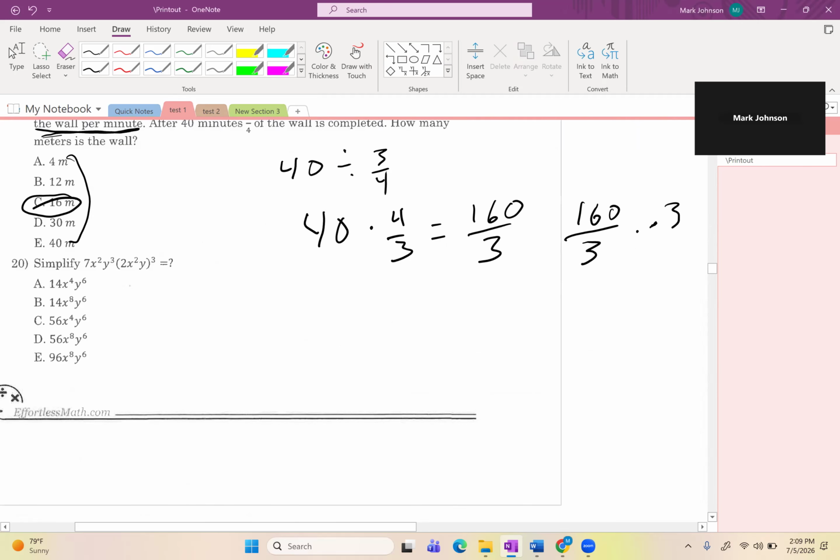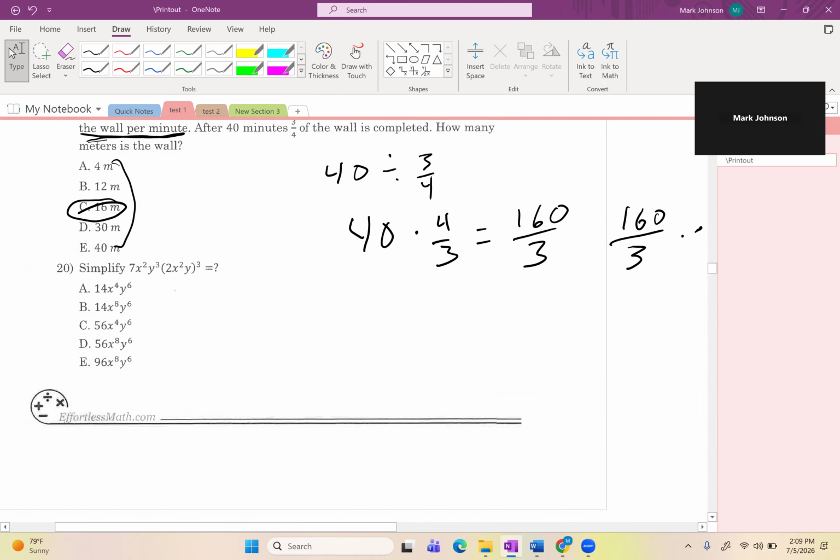Okay, the next one is simplify. So to simplify, we want to multiply the numbers. Oh, I did that wrong. First thing we've got to do is get rid of this cube there. So we've got to cube everything. So 7x squared y to the third, and if we cube the 2, we get 8.